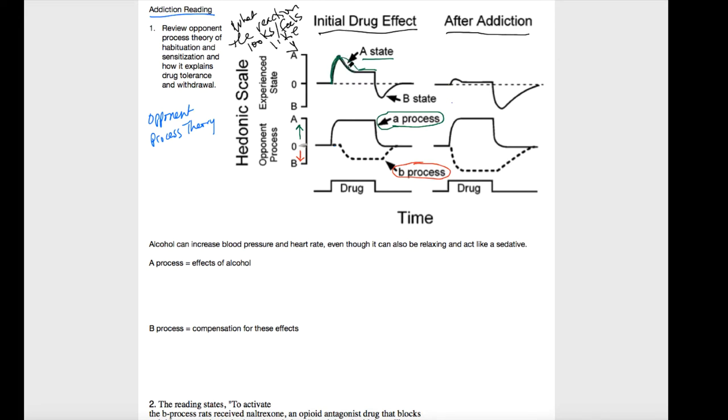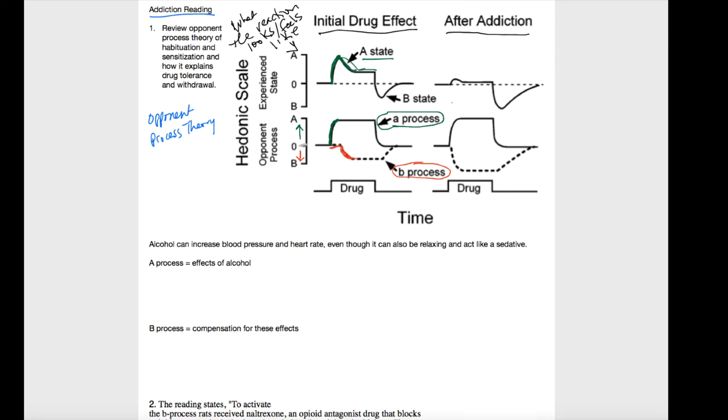And then notice how it comes down. Well, it comes down because the underlying B process has kicked in. And see how this goes down? So at first we have this initial A reaction. Whoop. Big change in heart rate, blood pressure, in the cognitive state of arousal. But then our body tries to compensate and we see this reduction, bringing things back to relative normal.